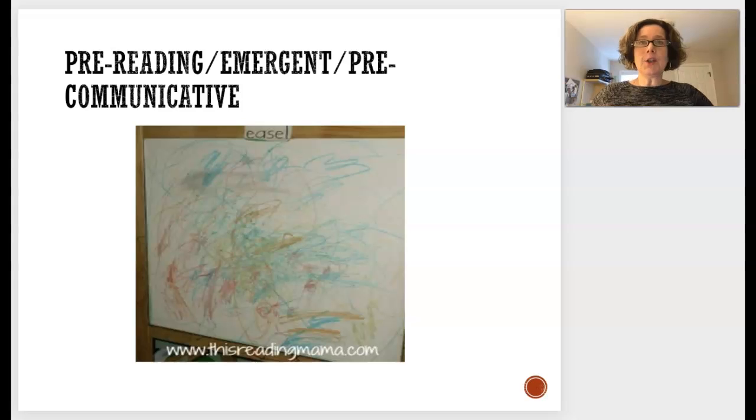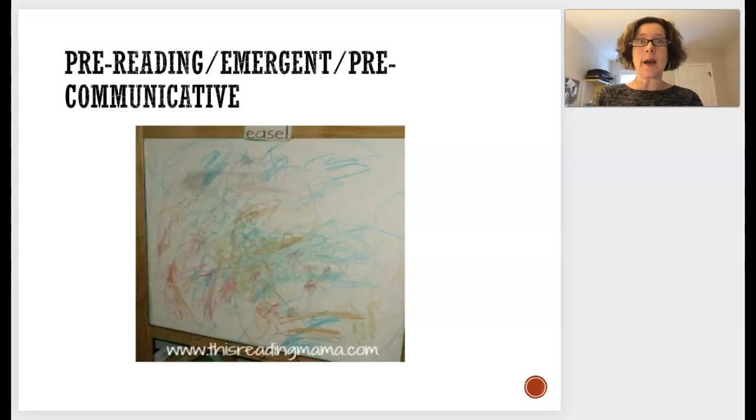However, this is a super important stage because they are realizing that what they are scribbling on the page is linked to the sounds that they are hearing, and they are seeing the importance of putting pen to paper and communicating through symbols. So you always want to encourage students in this preschool stage to be doing this.